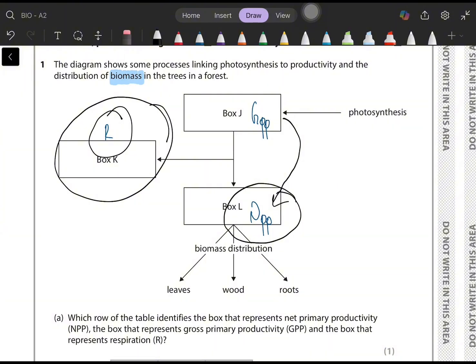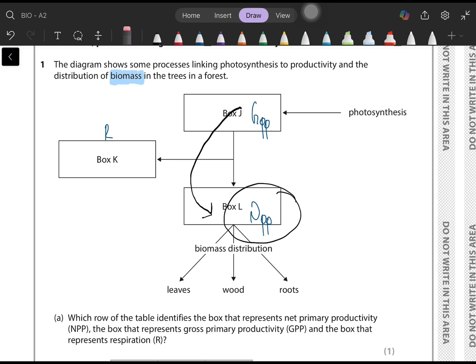Let me repeat again. Net primary productivity is the amount of energy that passes on to the next trophic level, taking into account the amount of energy that has been lost during respiration. Clear? All right, so let's move on.